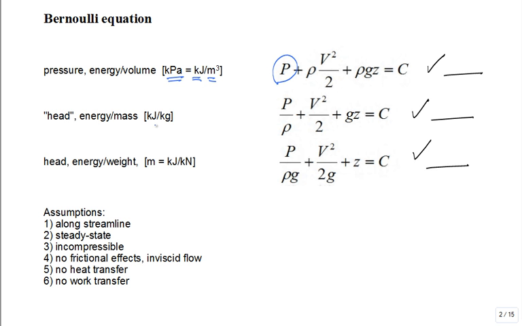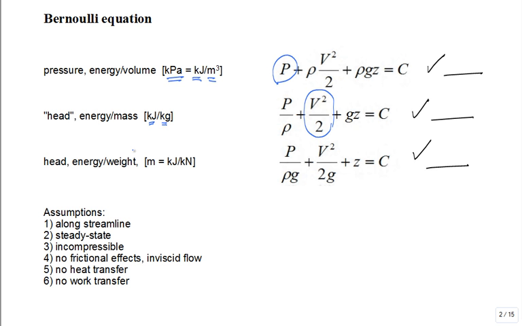Okay, let's take a look at the next equation. Each term, you can see it by this, is V squared over 2. That's specific kinetic energy, energy per unit mass. So it's kilojoules per kilogram, each one of those terms.